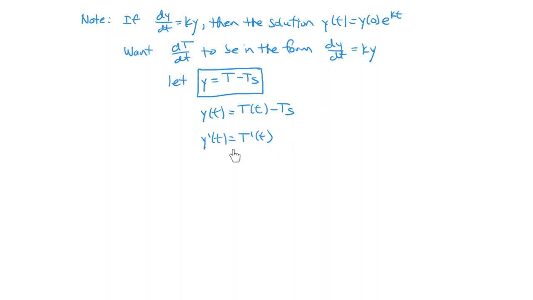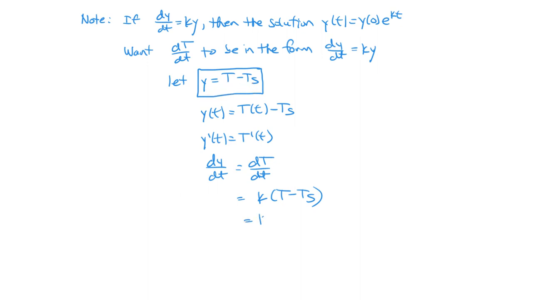So we get this. Then if we rewrite this with Leibniz notation, we could say dy/dt equals dT/dt. And we know from looking above at the original equation that this is equal to k times T minus T sub S. And T minus T sub S is just y.